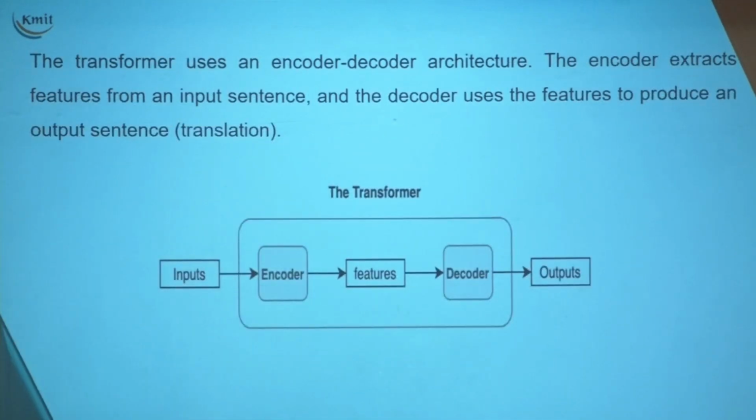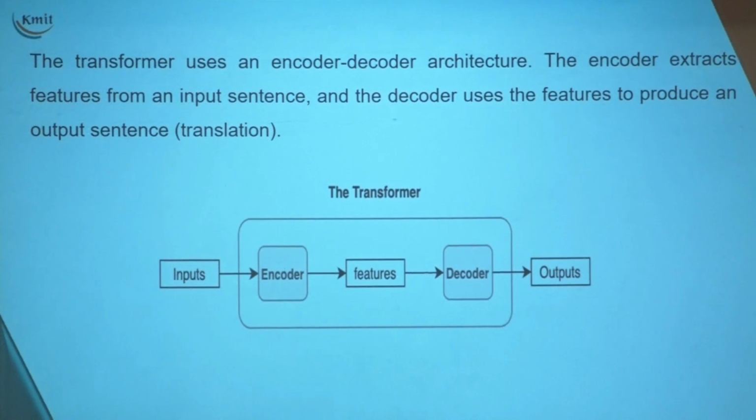Now, this is the architecture of the transformer. The broad architecture looks like this. So we give the input to which block? The encoder block. Encoder block generates what? The features or the hidden states. We don't say context vector because we have different hidden states, hence we call them features.